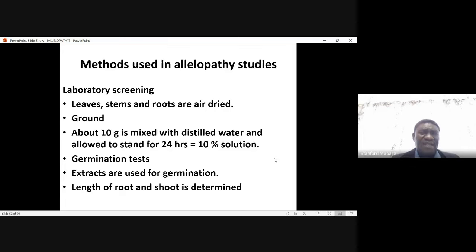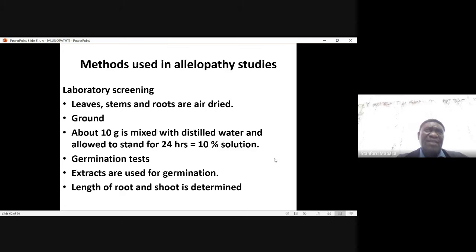Now, we have been discussing the applications of allelopathy in weed control. We should now look at the methods which are used to study allelopathy.